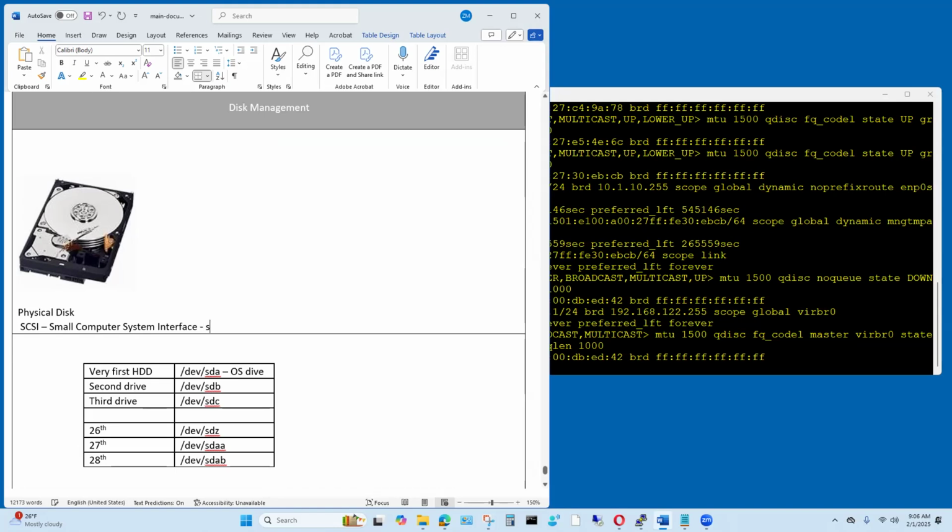SCSI is still better. That got my memory back to the early nineties, when that term was probably coming out as new. And it is a standard for physical disks.